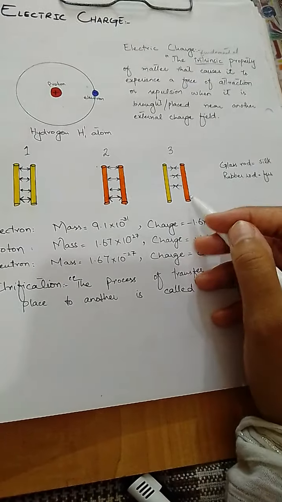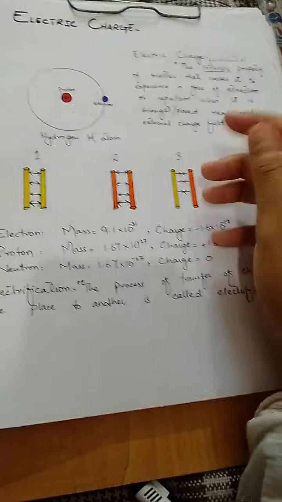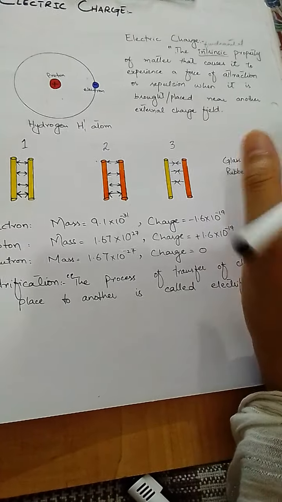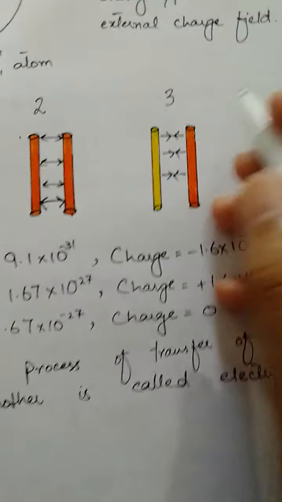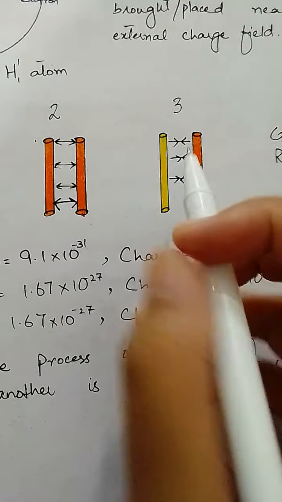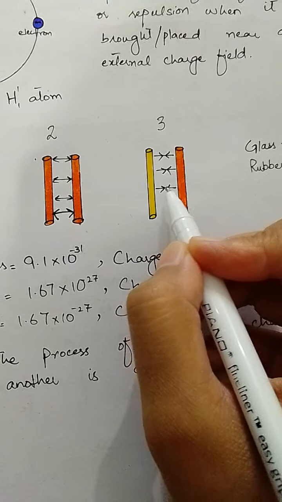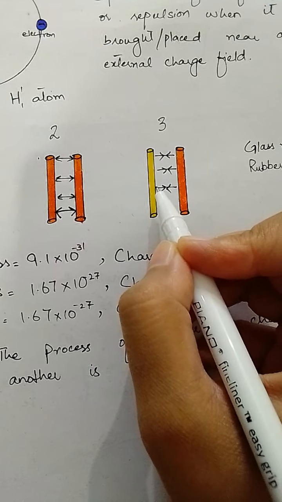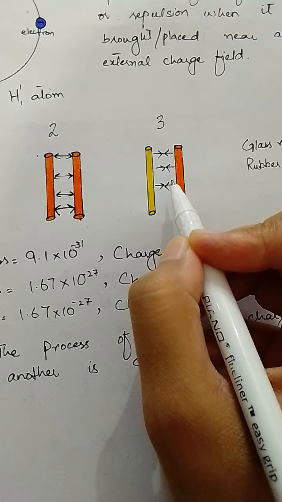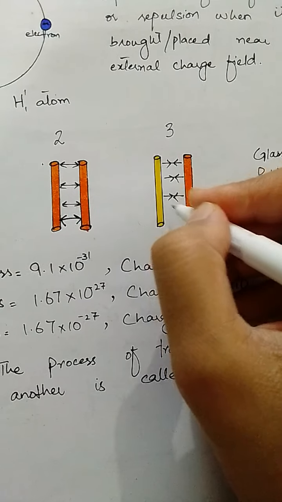Now, in the third case, what we did is we take a glass rod, rub it with silk, and we take a rubber rod, rub it with fur, and then bring them closer to one another. Now see what happens. This time the arrows are not pointing away from the rods. They are pointing towards the rods.